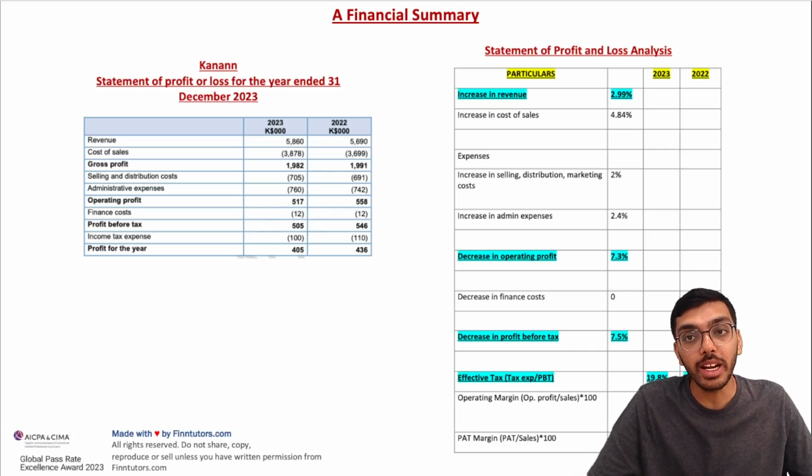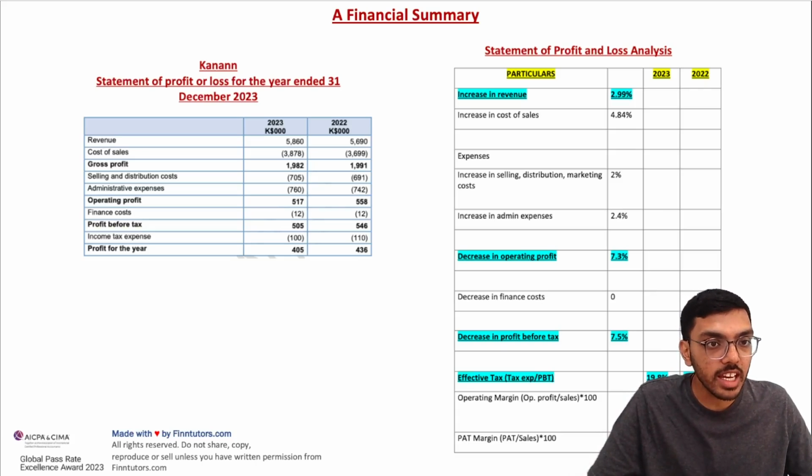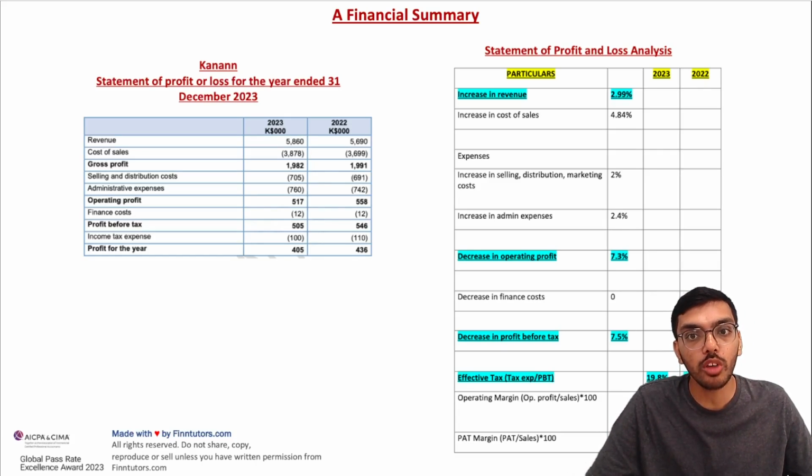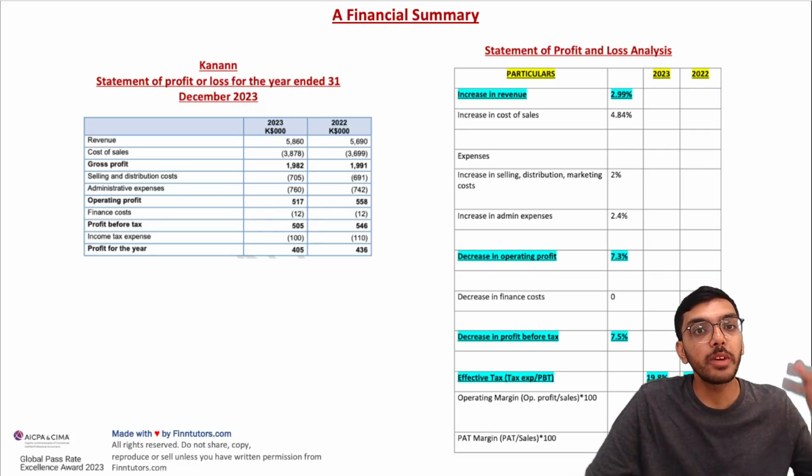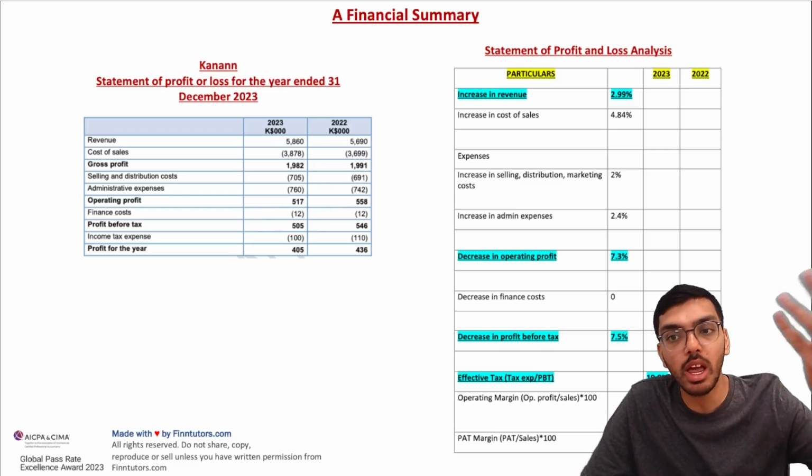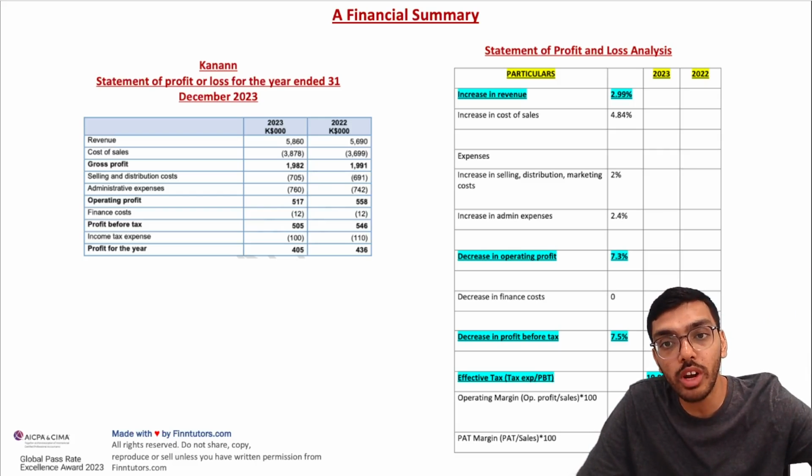So gross profit went down, even though revenue increased, which means we were not able to control our costs. The same thing is seen in selling and distribution costs and admin costs. Both have increased, which clearly means that we have not been able to control our costs even though the revenue has gone up.